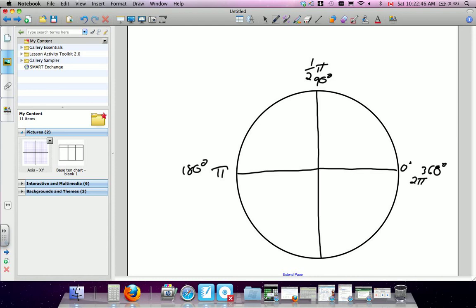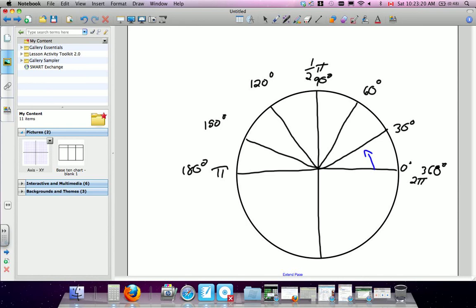Now, on your piece of paper here, if you notice, they've talked about 30 degrees and 60 degrees. Okay, so what they've done is they've kind of broken this piece of a pie, think of it like a piece of a pie, into thirds. Okay, so I went from 0 to 30 degrees, 60 degrees, 90, we're going to do another 30 from there, which is 120 degrees, and they also have 150 degrees.